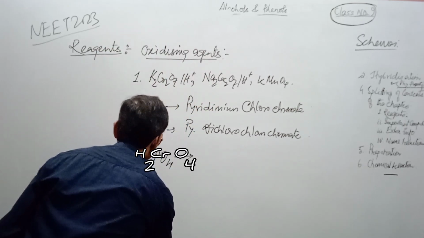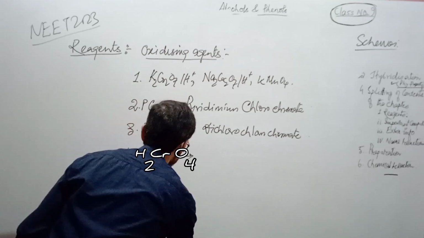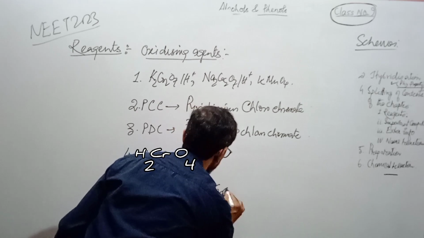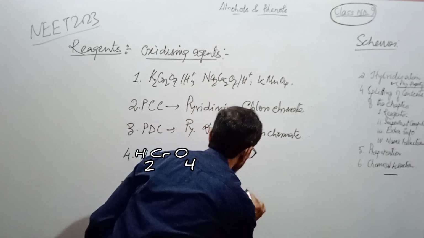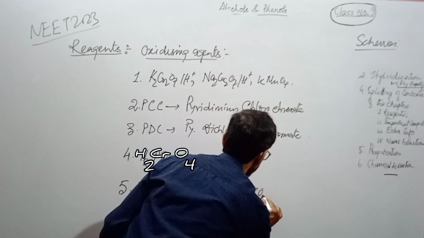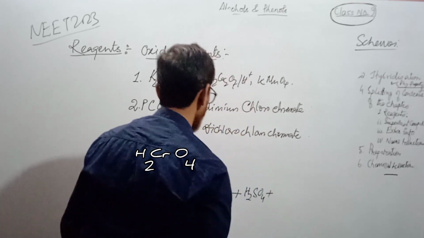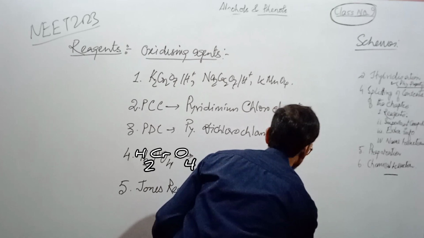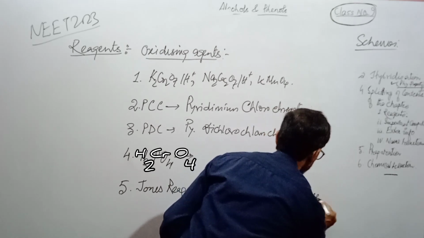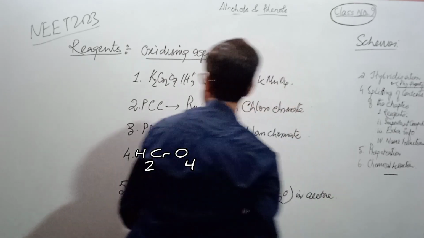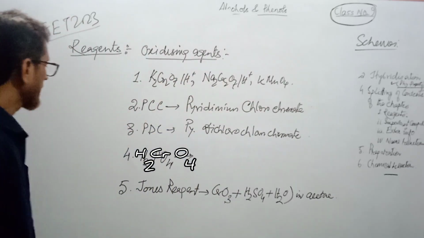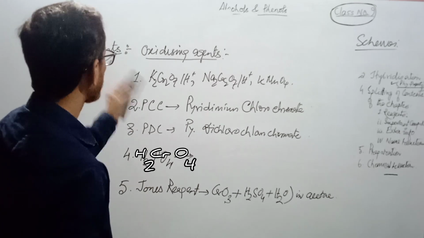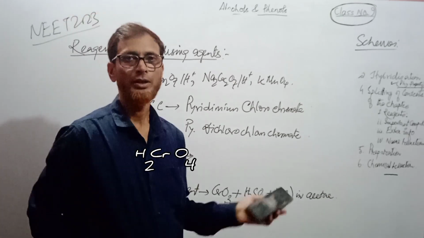Number 5, Jones reagent: chromic anhydride, sulfuric acid, water, all in acetone. So these are the very common and simple oxidizing agents used with alcohols.